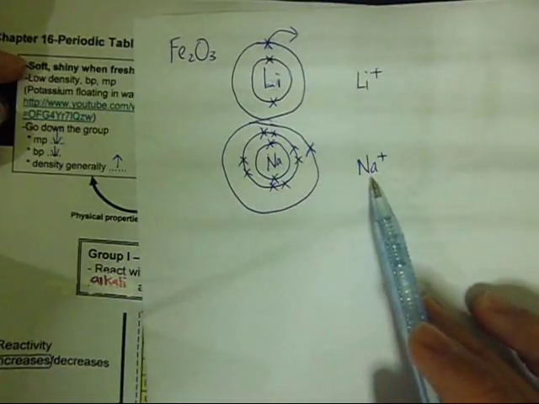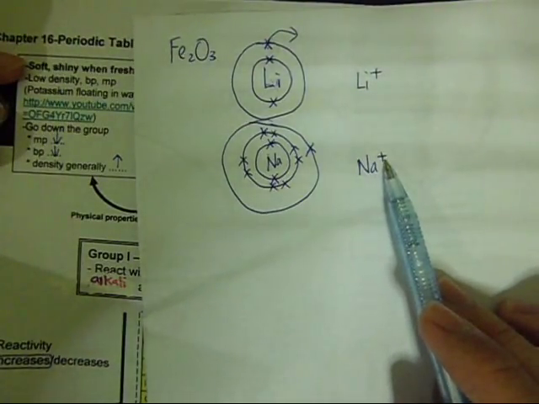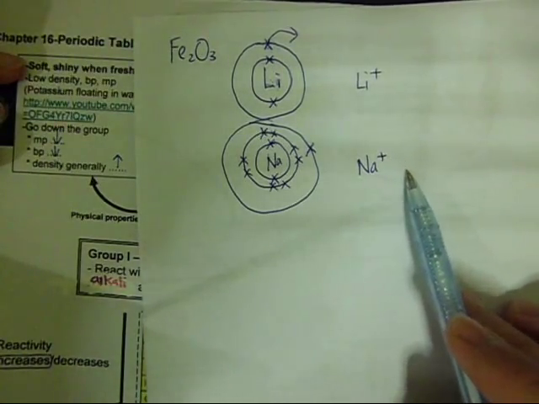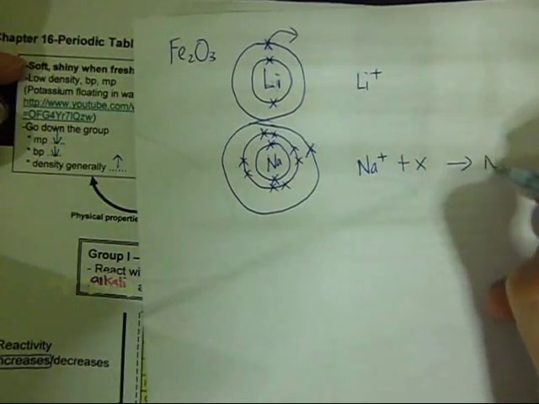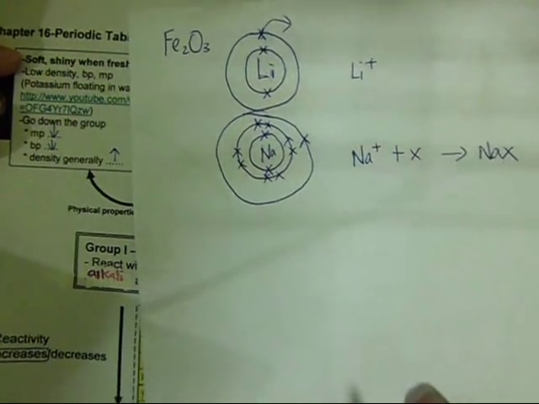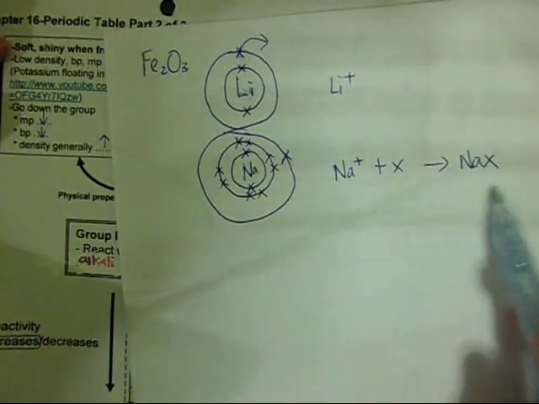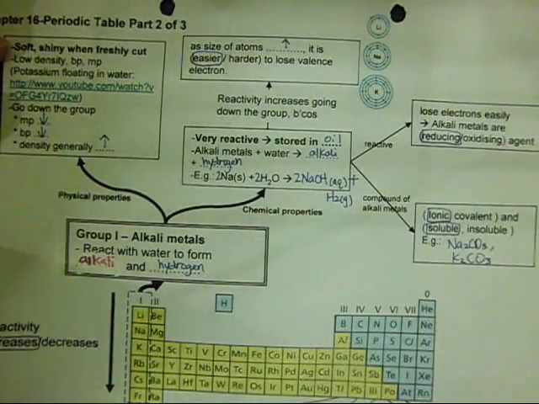For example, sodium loses a valence electron and becomes a sodium ion. Because this ion is charged, it must combine with other elements to form, for example, NaX. That is why it is so reactive: it will react with other substances to form a new substance. Okay. All right.